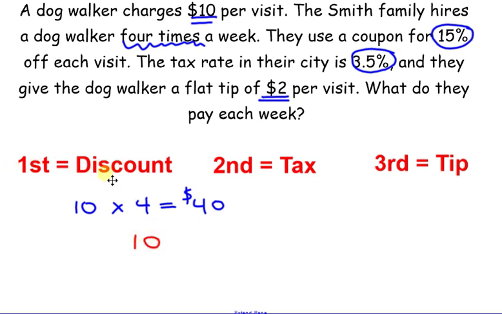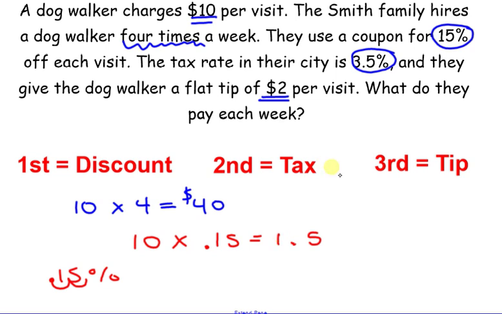We need to do the discount first. So the discount is 15%. So $10 times, and over here I have my 15%, move my decimal back 2 spots, so times 0.15. Go ahead and calculate that. So 10 times 0.15, and that's going to give you 1.5.